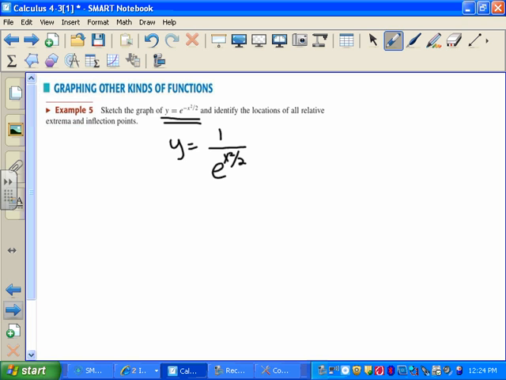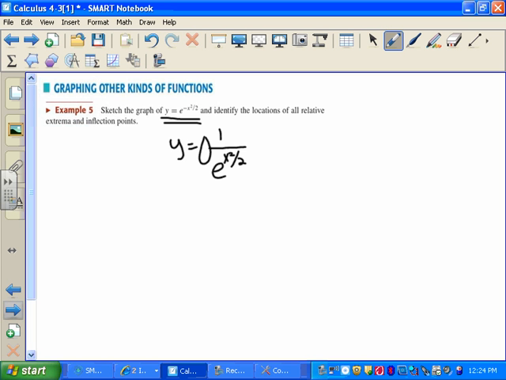It is always going to be positive. I need to remember that exponentials typically have a horizontal asymptote at y equals 0 because they're never going to be there. And so when I look at this, these are always going to be fairly small numbers. And the reason is I have that x squared on the bottom. So even if I plug in a negative x, I'm still going to get a positive value.